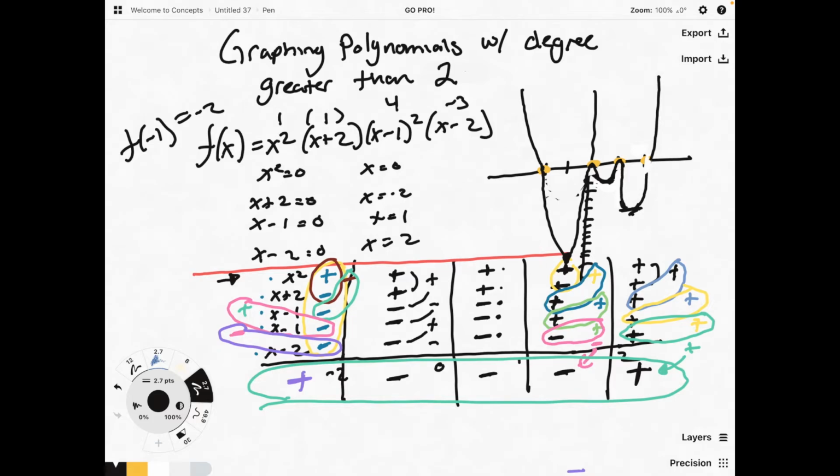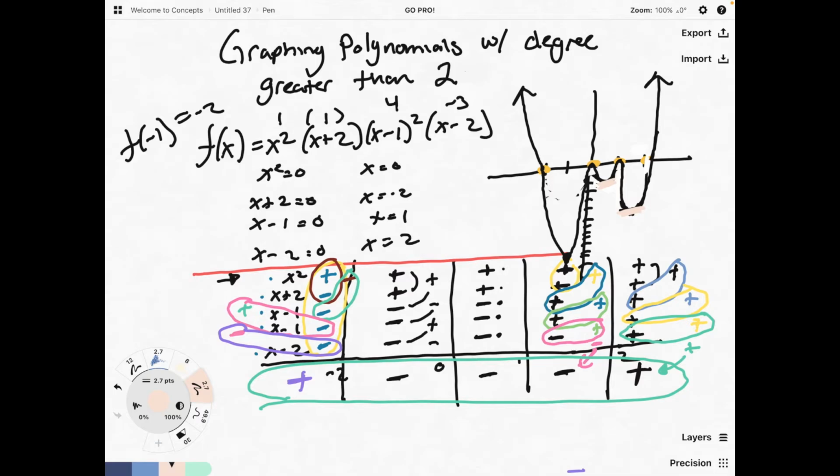But again, that's just cosmetics. What we're just trying to understand is the shape of this graph, and we're able to do that using the sine table. The graph looks something similar to this. As far as how low this valley goes here or this valley goes here, you would have to substitute in more numbers to identify how far down it goes.